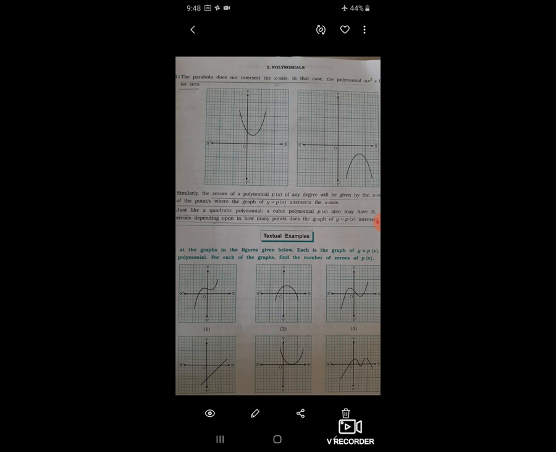Let's see graph number 4. The number of zeros is 1, as the graph intersects the x-axis at one point only. Graph number 5. The number of zeros is 1, as the graph touches the x-axis at one point only. And the last graph, graph number 6, the number of zeros is 4, as the graph intersects the x-axis at 4 points.